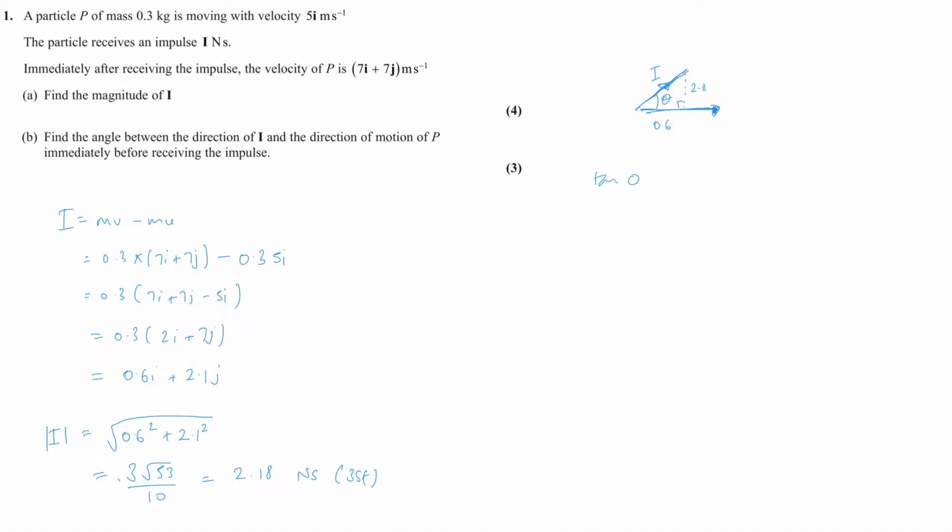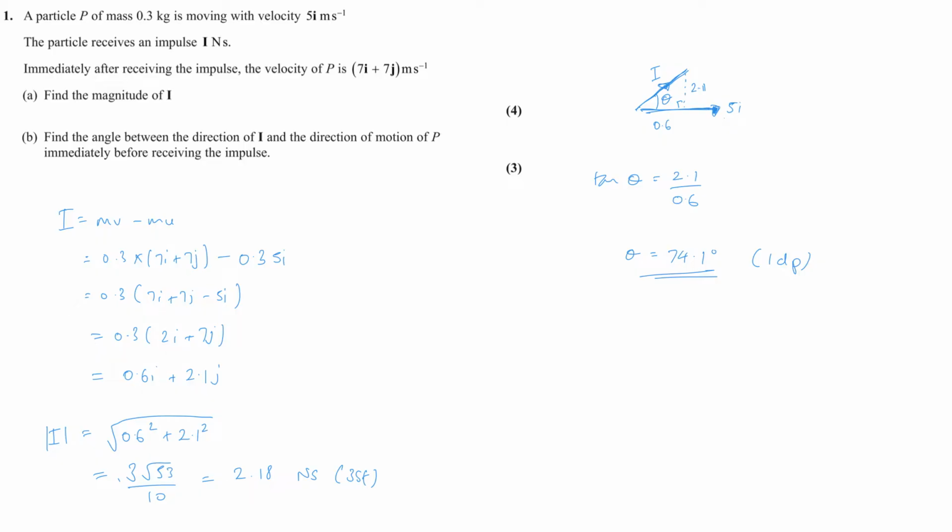So tan theta is opposite over adjacent. Theta equals 74.1 degrees to 1 decimal place. Okay, and that's all it is.